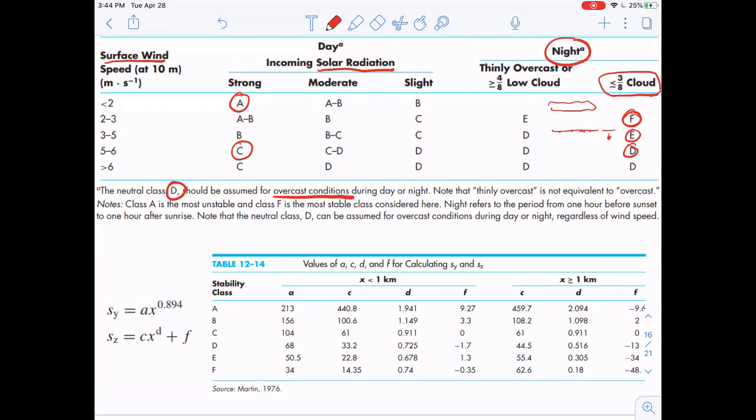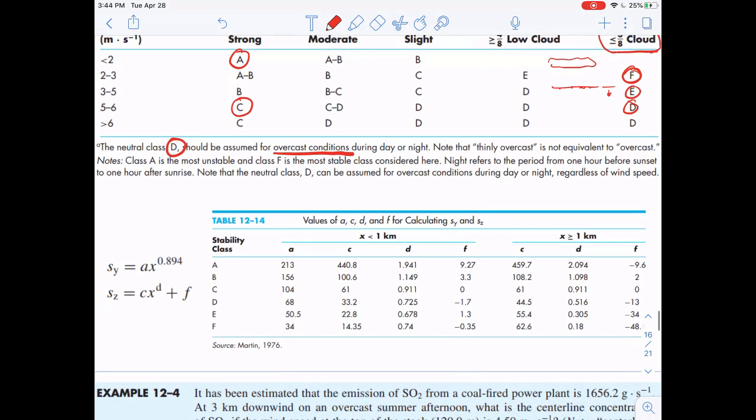So what you can also do is use this table to actually calculate the SY and SZ. People designed these equations, and you just need to plug in X, which is the distance downwind of the emission stack, and these different parameters. For each stability condition, let's say the condition of C again, if we're talking about the condition at 4 kilometers, then we're going to use the values of C, D, F in here, and the A value in here.